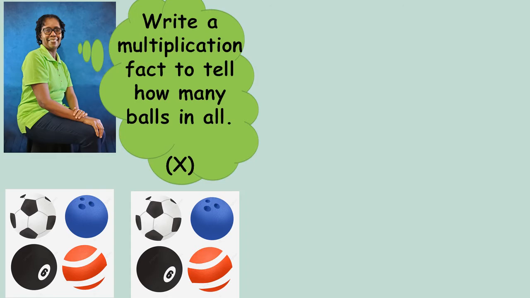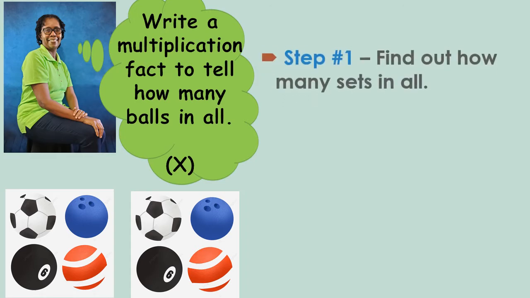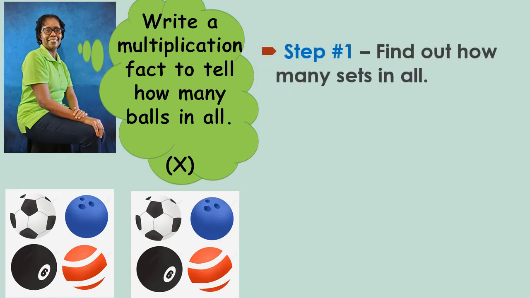Now we are going to use some steps to solve this problem. So the first step is we are going to find out how many sets in all. How many sets are you seeing? So let's count how many sets. 1, 2. So we are seeing 2 sets. So you are going to write the number 2 in your book. We are seeing 2 sets.